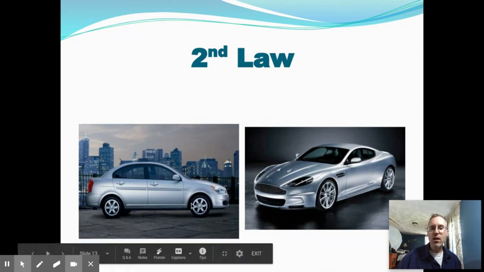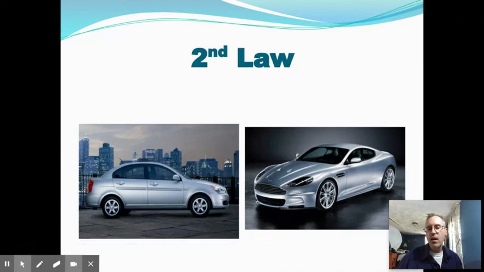Now, if I wanted to get a bigger acceleration from a smaller vehicle than the Aston Martin, if I had the Aston Martin go up against like a motorcycle, well, that's a different story. All right. Because why? A motorcycle with a decent size engine on it like that has very little mass compared to a car.